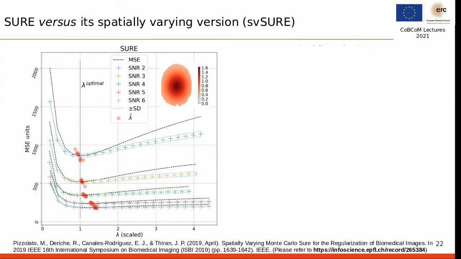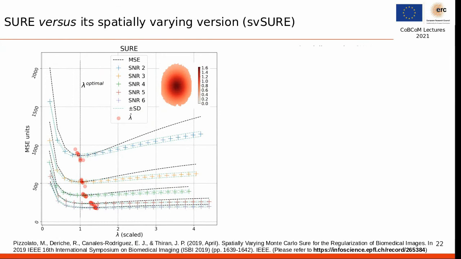Of course, in a real case scenario, these black lines will not be known a priori, but here we can know them because this is the result of a simulation. What SURE really does is provide us with an approximation of those black lines.